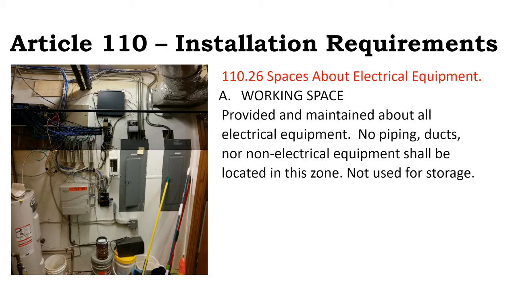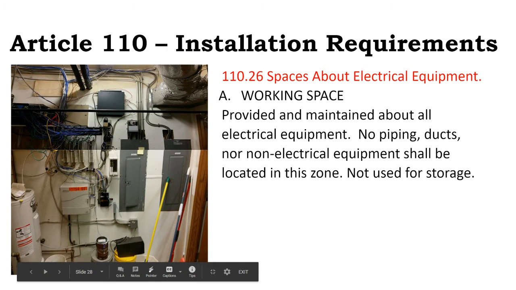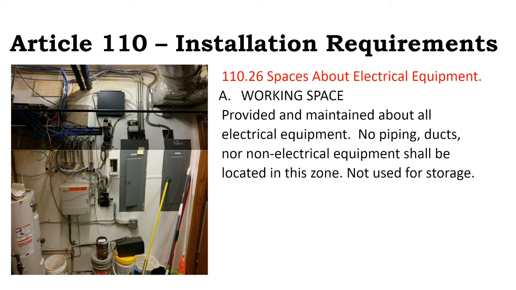There's a specific zone, and actually the only thing that's wrong with this picture is that they've managed to get the 6.5 foot height requirement, and they've kept the gas line and water line out of this electrical space. The only problem is they've stored stuff in front of the service panel, and you're not allowed to have that storage there. But despite the messy appearance of this room, it is compliant.